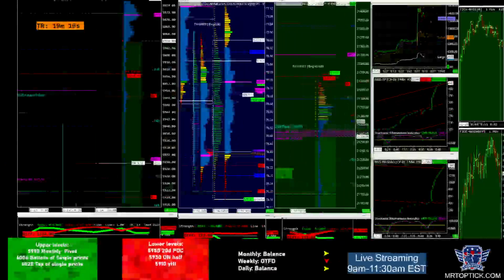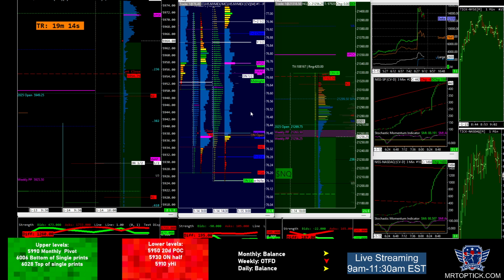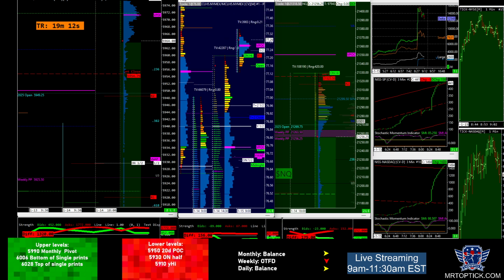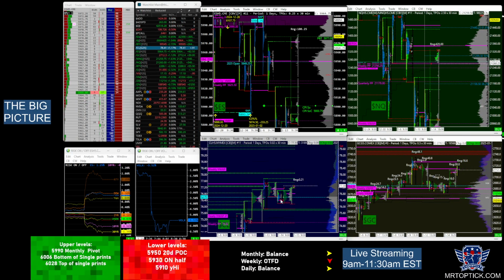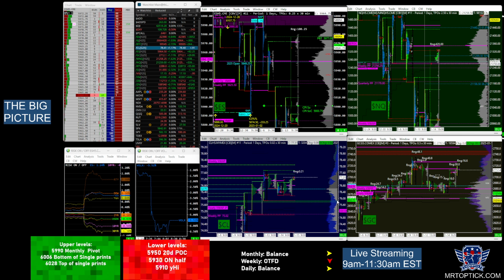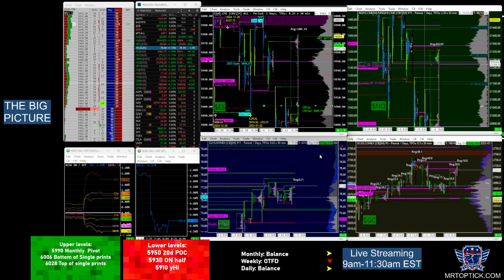Gold, crude oil still very similar to yesterday. You can see that it's attempting to move lower, but this area that I mentioned is still holding. So we want to see this 75.80 hold, and then we're consolidating here, see if we have another leg higher.